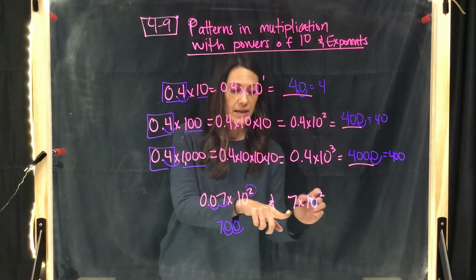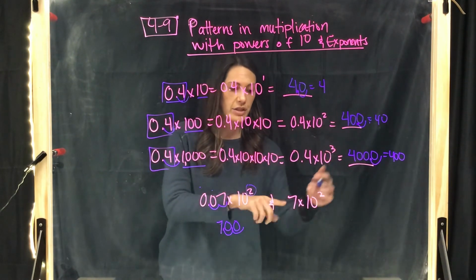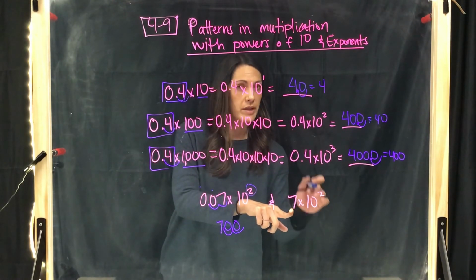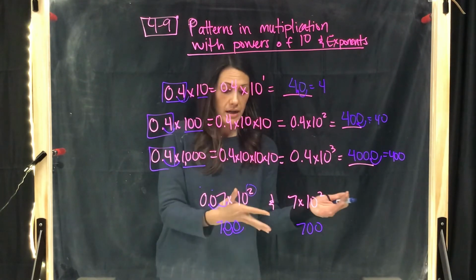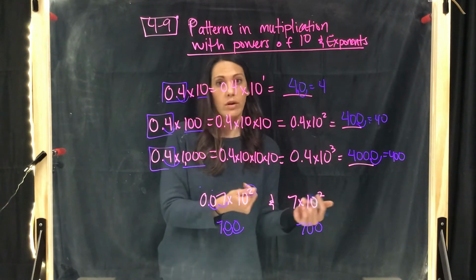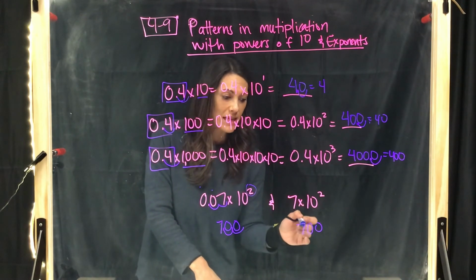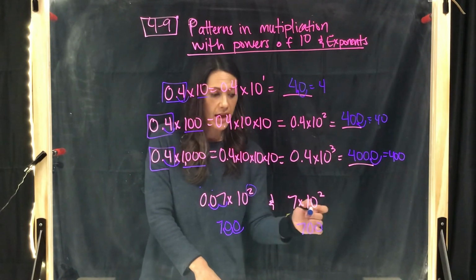Looking at this, 7 times 10, there's no decimal here, so I don't have to send it on a vacation. 7 times 10, but to the second power, so that means 2 zeros, so I'm going to add 2 zeros. I'm not going to put a decimal in anywhere because there wasn't one to begin with. And this 7 is in the ones place, and it's moved now to the hundredths place, which used to be here, and it moved 2 left and got greater.